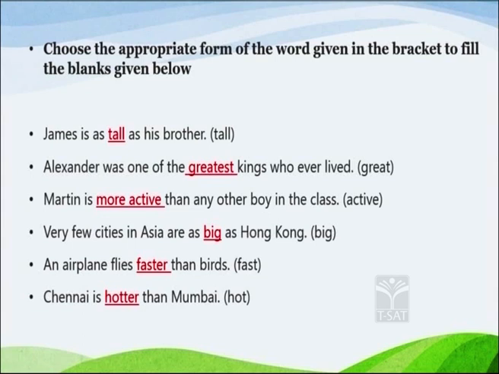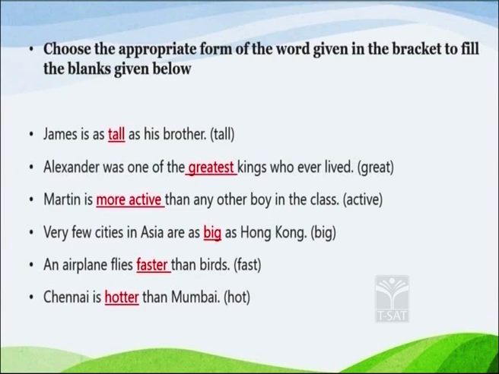So here the sentence is positive, so we have to use the positive word only. The next one: Alexander was one of the greatest kings who ever lived. According to the important note that I said, here the article the is written. So, we have to use the superlative degree of the word great.